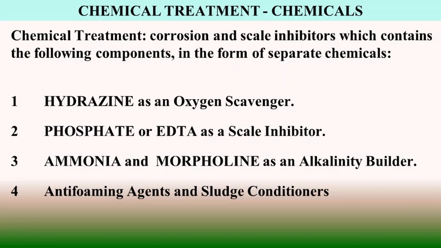Hydrazine is generally used as an oxygen scavenger. Phosphate or EDTA is used as a scale inhibitor. Ammonia and morpholine are used as alkalinity builders, and antifoaming agents and sludge conditioners are used to prevent the formation of deposits and sludge deposits within the boiler periphery.